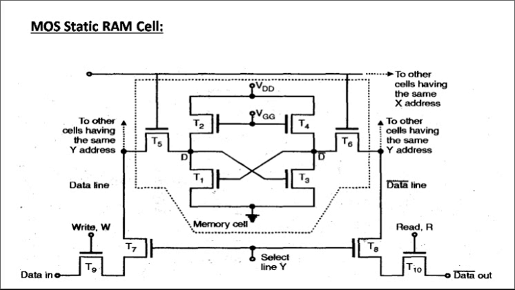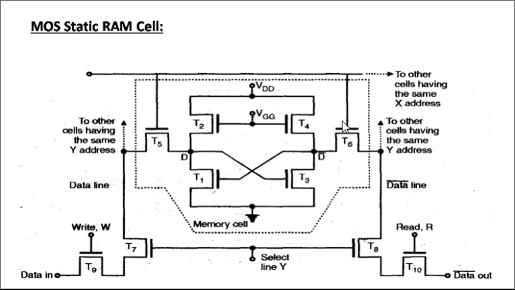Here T1 and T2 form the basic cross coupled inverter, and T3 and T4 are the load resistors for T1 and T2. X and Y lines are used for addressing the cells.